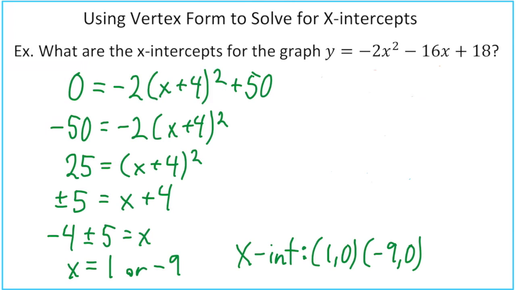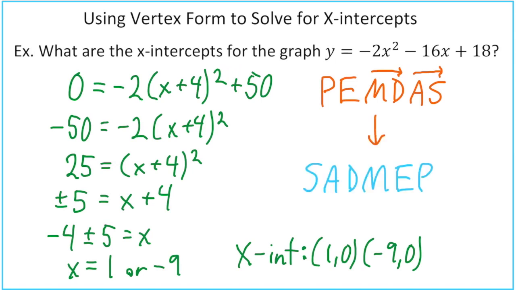Another strategy you could use to solve this is to think about order of operations, which a lot of us learned as PEMDAS. If we put a value in for x, we would do our parentheses first, then our exponent, then we would multiply by the negative 2, then we would finally add 50. If you want to solve for x, you can do the reverse order of PEMDAS.